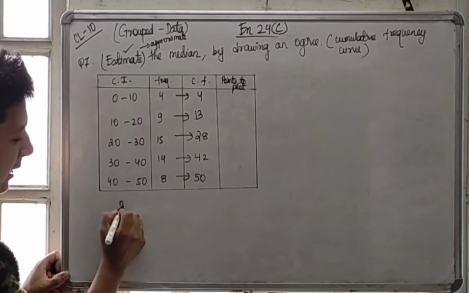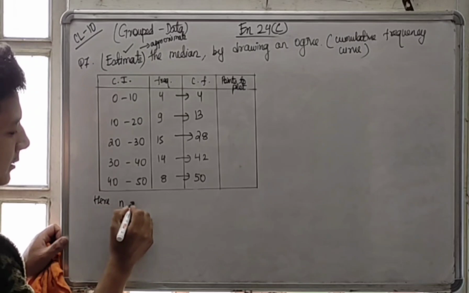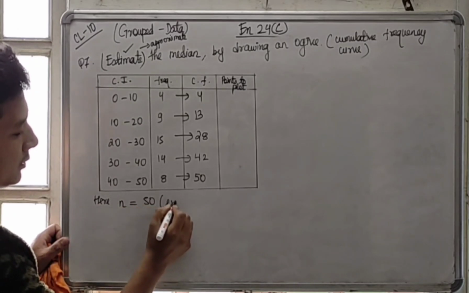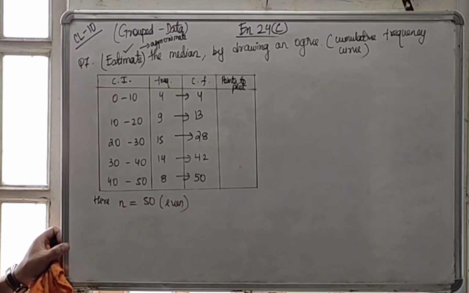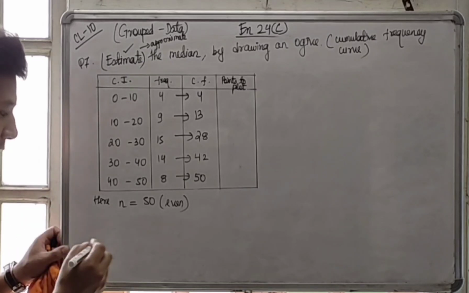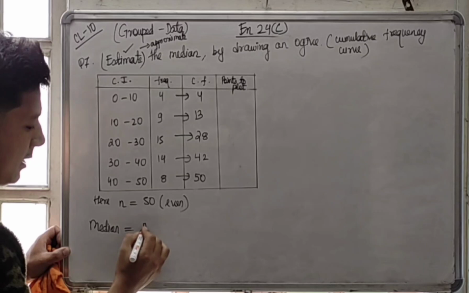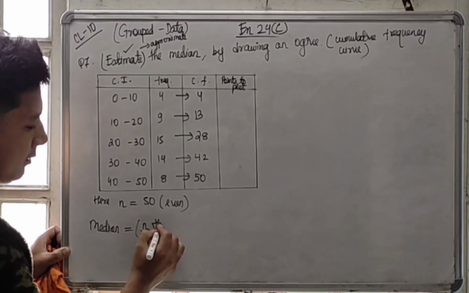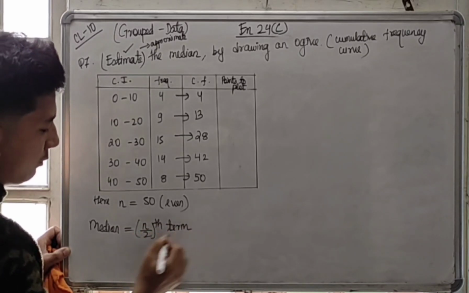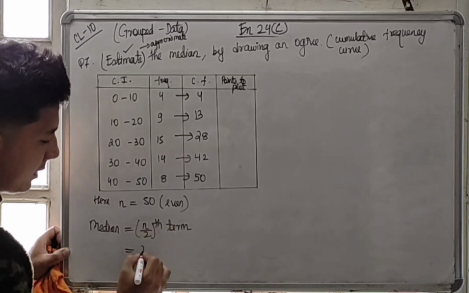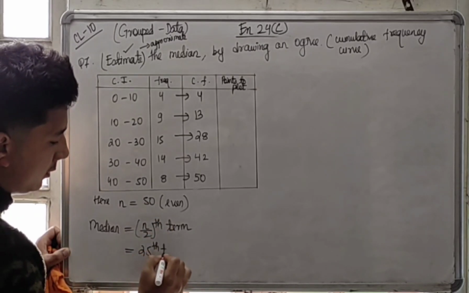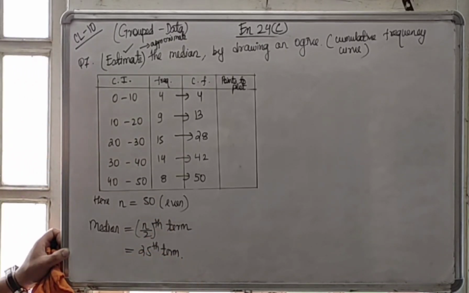So here I am getting n equals 50, which is even. Therefore the median will be the n by 2th term. So n by 2th term means 50 by 2, that is the 25th term. But I cannot straight away find the value from here.